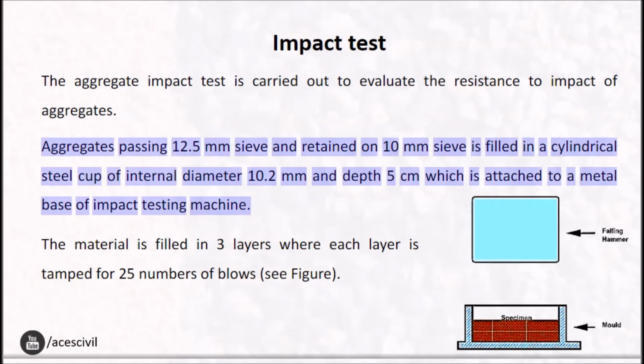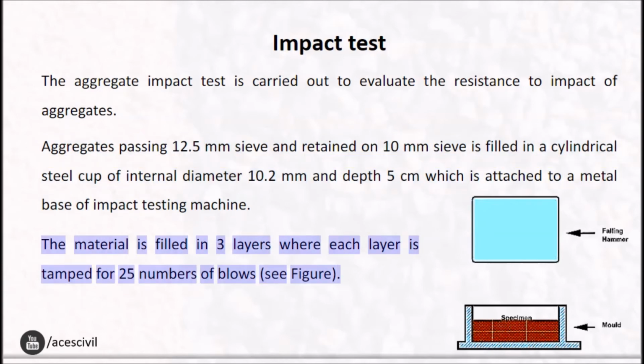Aggregates passing a 12.5 mm sieve and retained on a 10 mm sieve are filled in a cylindrical steel cup of internal diameter 10.2 mm and depth 5 cm, which is attached to the metal base of the impact testing machine. The material is filled in 3 layers, where each layer is tamped with 25 blows. See figure.